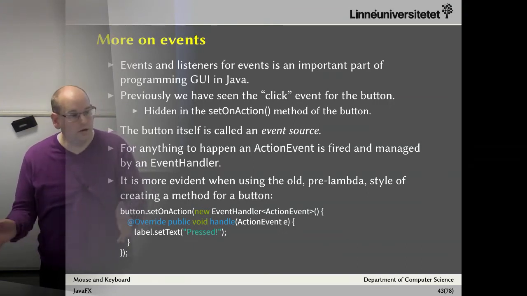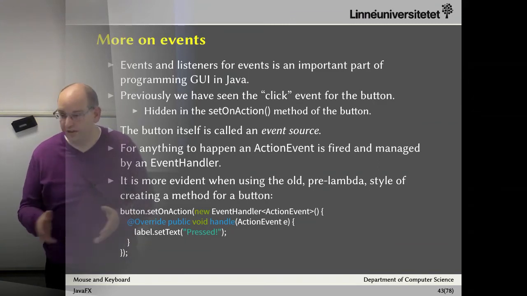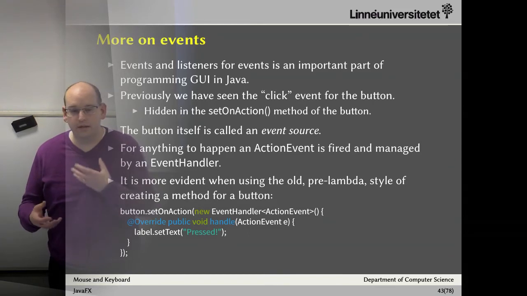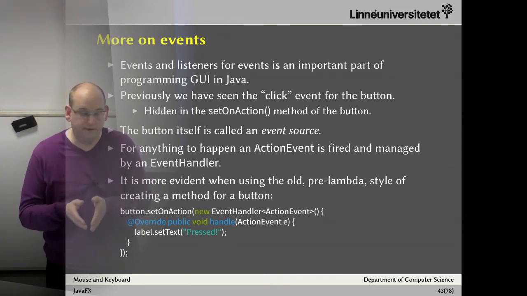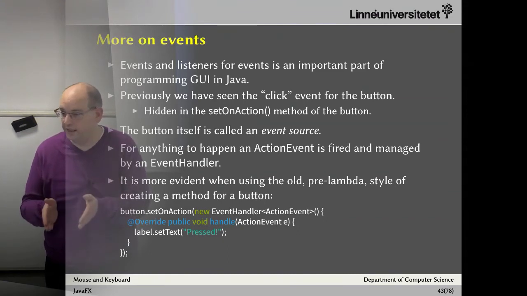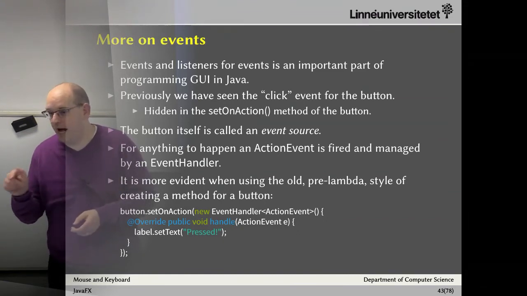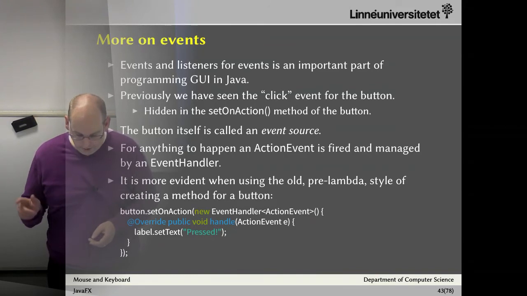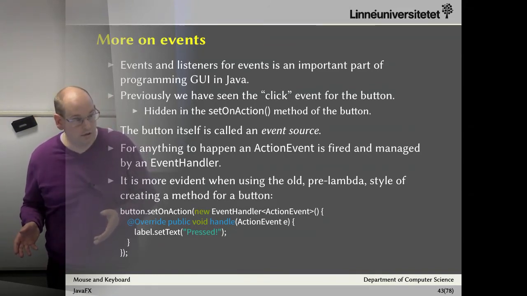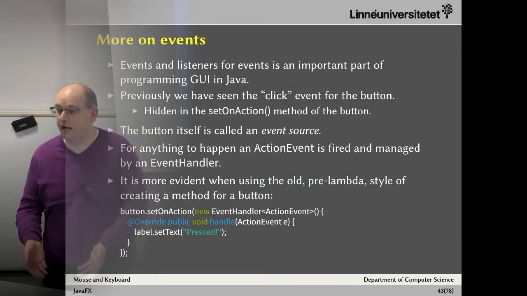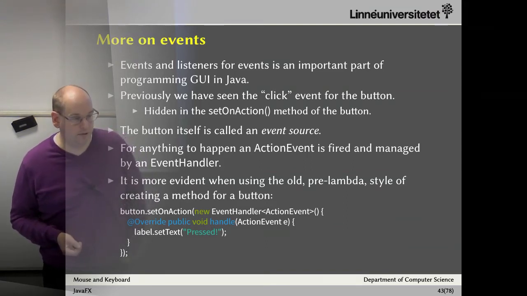So why all of this extra code? We don't need that really. We know that we want to listen to an event, so therefore we just replace all of that with an E, and we have this little arrow notation, and we don't have to write all of this handle action event E because, well, it's the only method that we need to implement.